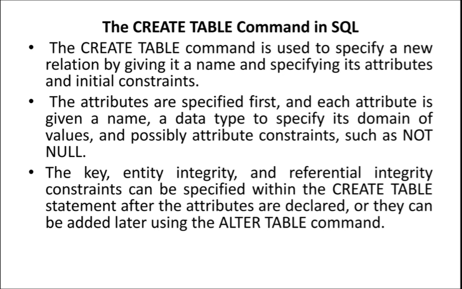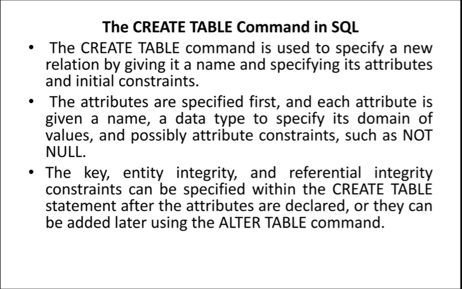So first see here, in a create table statement, the attributes are specified first, and each attribute should be given a name. Data type is to specify the data type you have to use for each attribute, right? And also constraints like not null can be used in a create table statement.